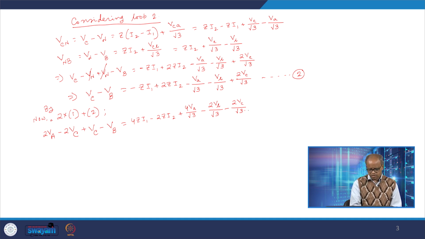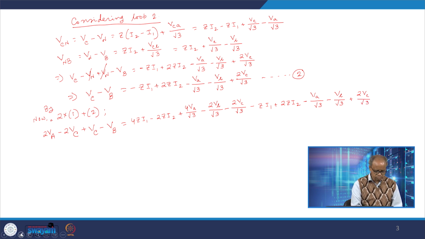So this is basically 2 into I1 at the right hand side. Now this left hand side is Zi1 plus 2Zi2. This is from equation 2, and then minus Va by root 3 minus Vb by root 3 plus 2Vc by root 3.